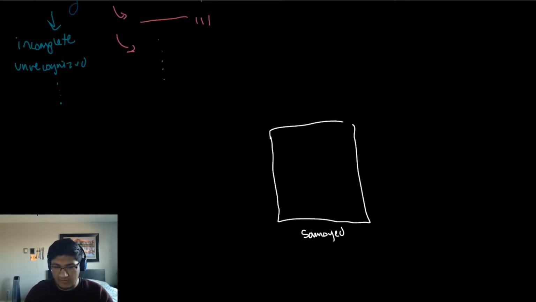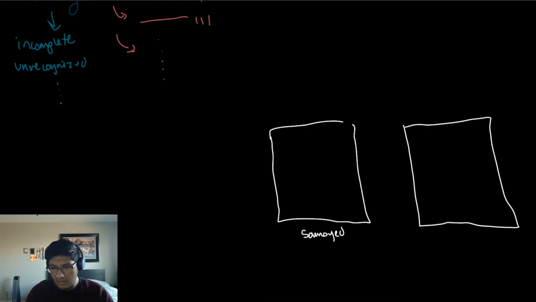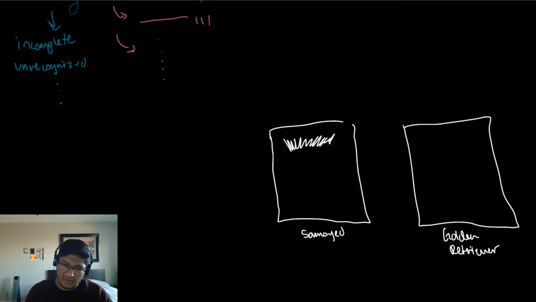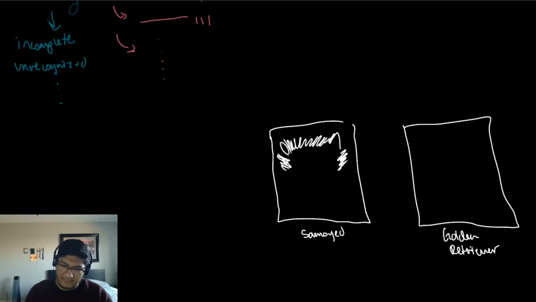And this is a prototype because it's previously established. And we have some other dog breed, let's say Golden Retriever. Samoyeds are usually more fluffy. They have cute ears. A lot of fur on their face.